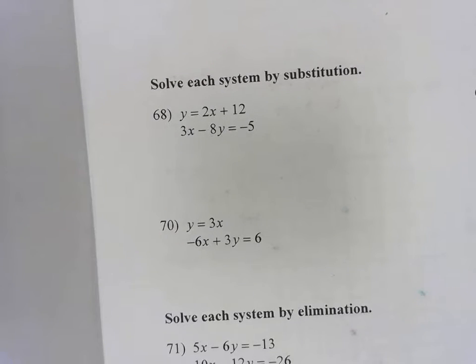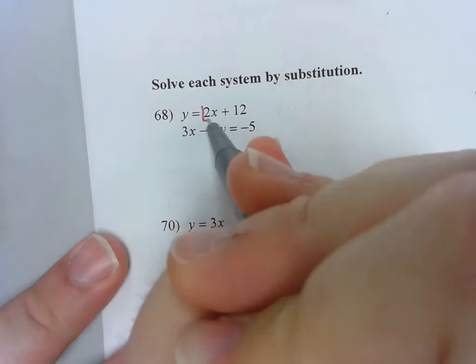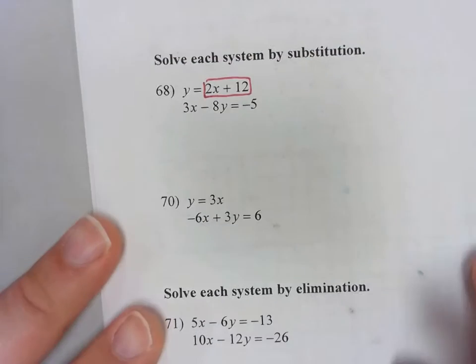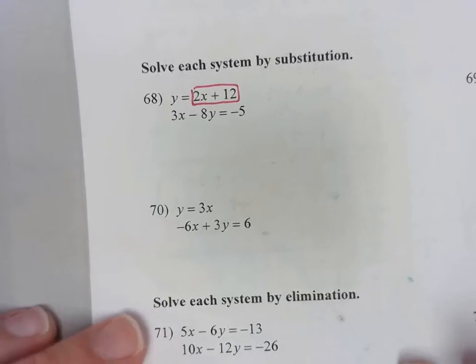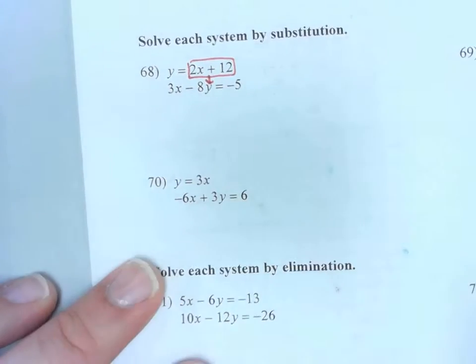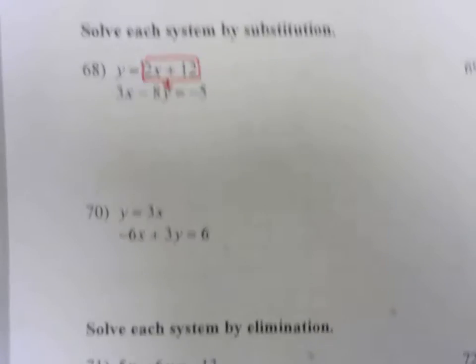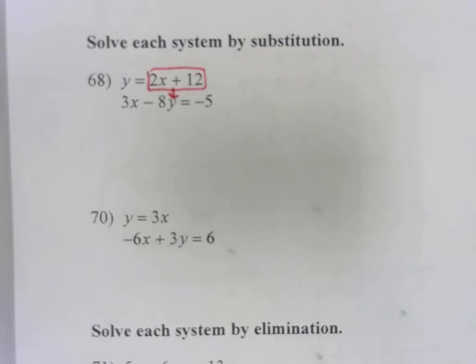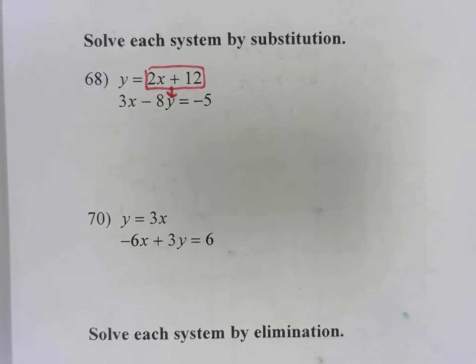So as I look at 68, this tells me that I can take 2x plus 12, because it is the same thing as y, and plug it in where? In the second equation. So since 2x plus 12 is equal to y, I can plug it in where y is into the other equation.